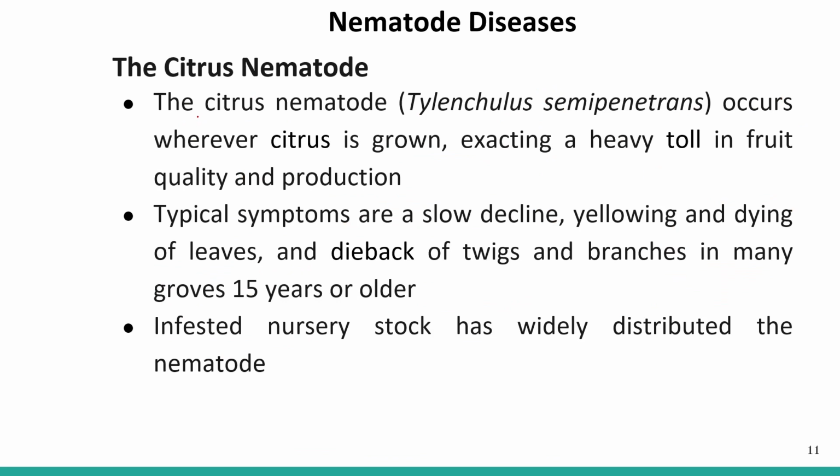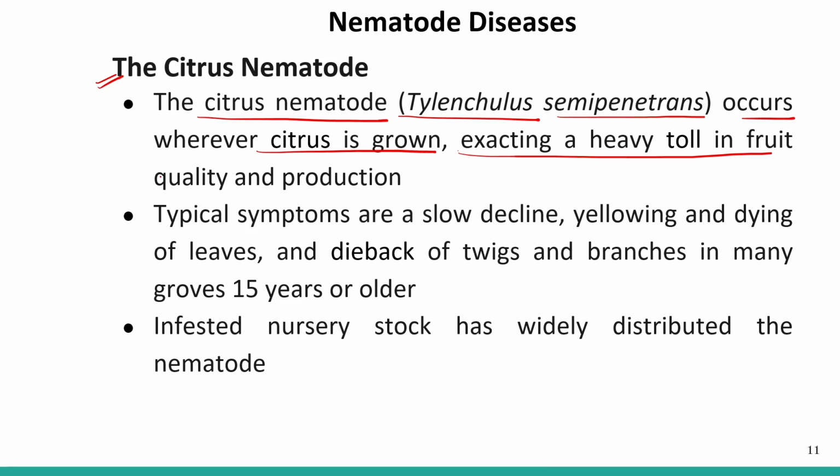Next is the citrus nematode, Tylenchulus semipenetrans, which occurs wherever citrus is grown and exacts a heavy toll on the fruit's quality and production.